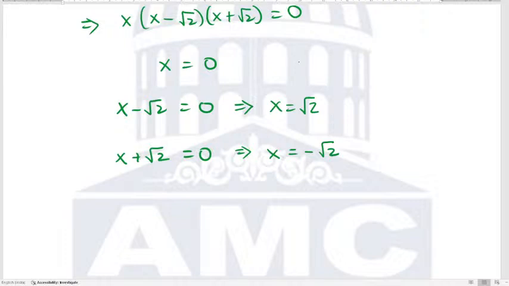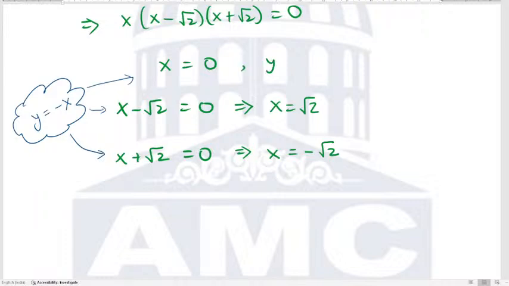Now you know that we had a little while back seen that y is equal to negative x, right? Now let's substitute the values of x in all of these three cases, and let's find out the values of y, right?